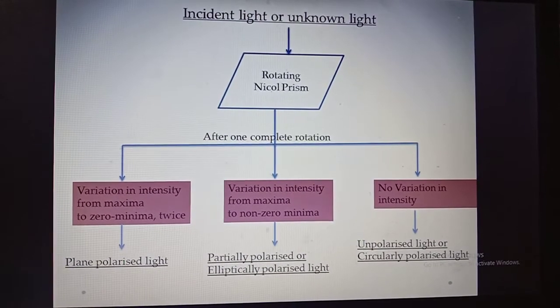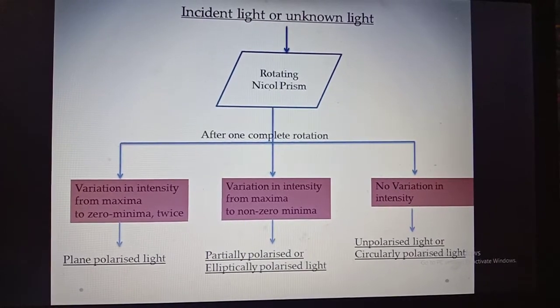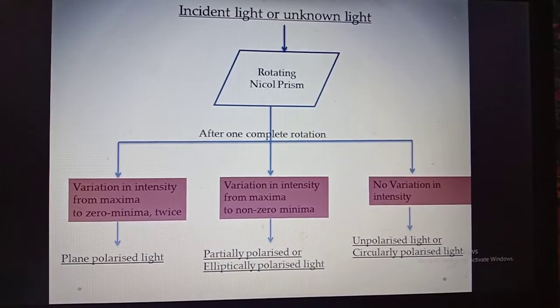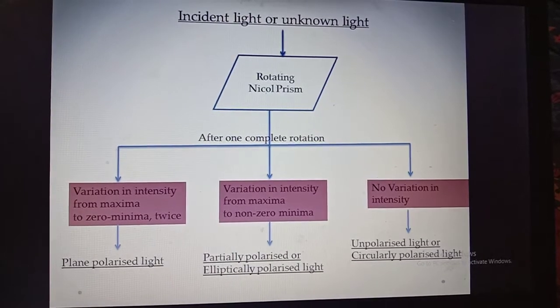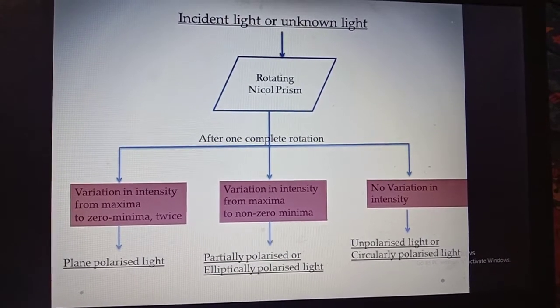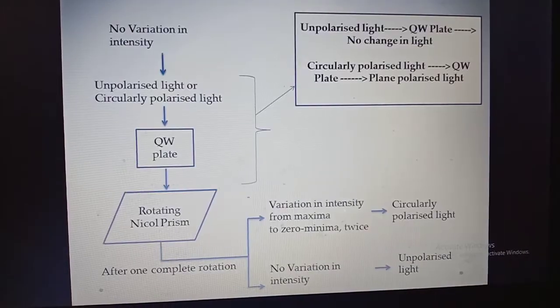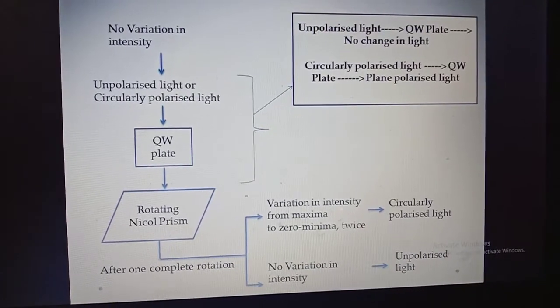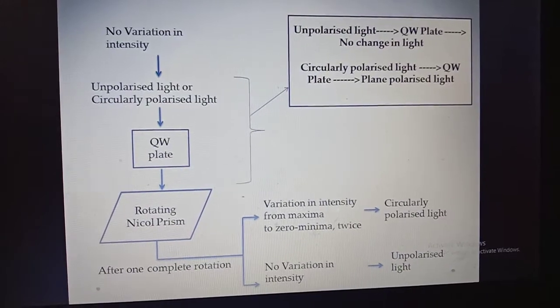Now considering the third case, in which the result is no variation in intensity, the unknown light will be unpolarized light or circularly polarized light. Here again we make this light incident on the quarter wave plate.